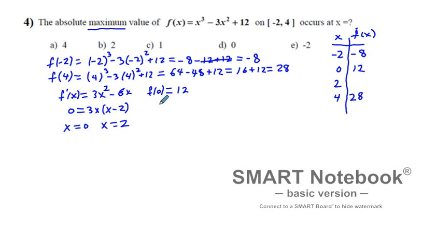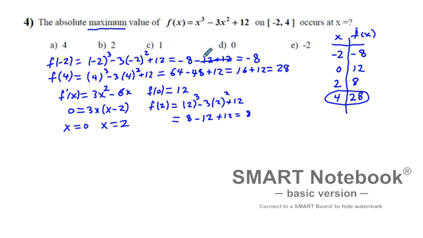And now we just have to find f of 2. F of 2 is equal to 2 cubed minus 3 times 2 squared plus 12, which equals 8 minus 12 plus 12, which is going to be equal to 8. So therefore, at x equals 4 is where we have our absolute maximum, which is choice A.